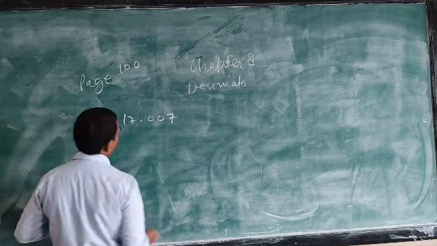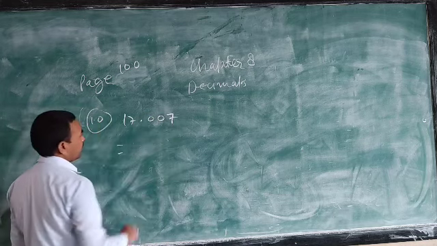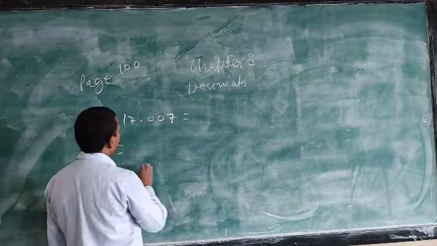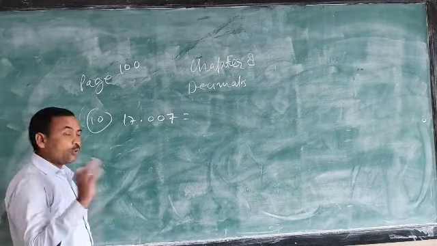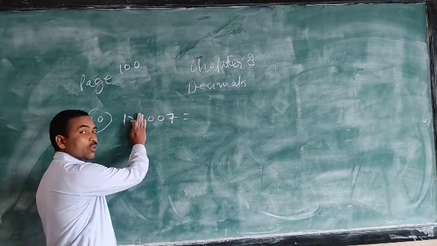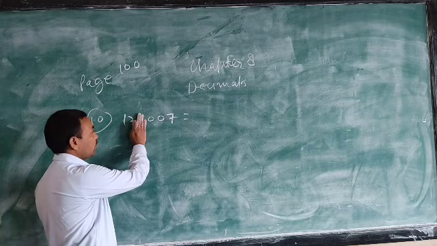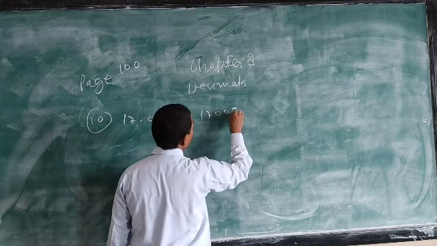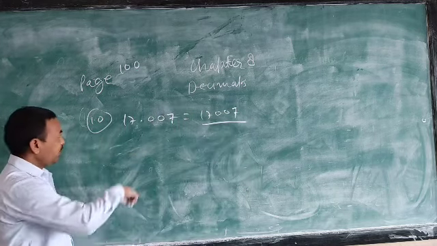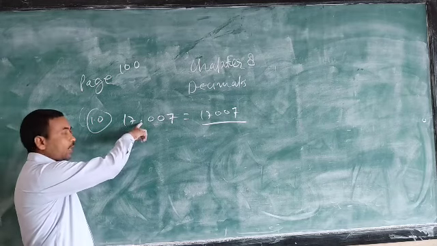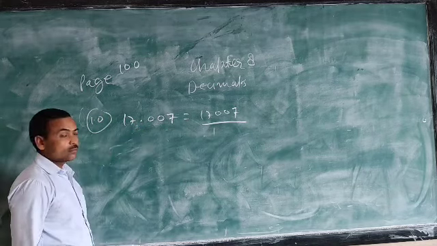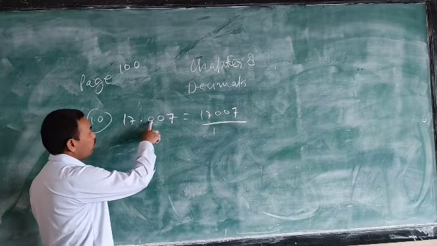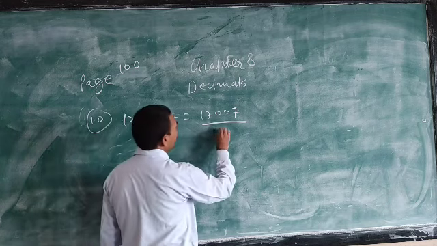I told you, you have to write this number without the decimal. See, ignore the decimal, just copy all the digits as the numerator. So 7007. And see, what should be the denominator? You write 1 in place of the decimal and count the number of places after the point. 1, 2, 3. So after 1, 3 zeros.